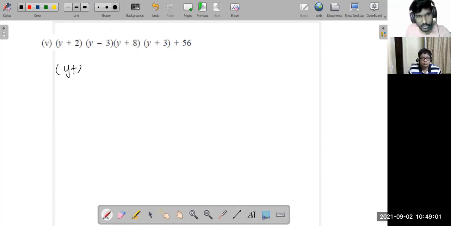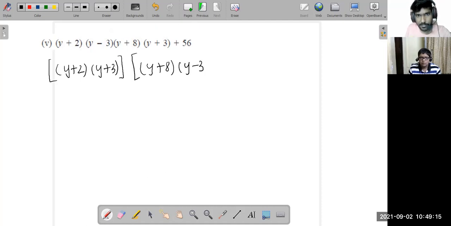y plus 2, then y plus 3, because 2 plus 3 is 5. And then I'll take y plus 8 and y minus 3. Why? Because 8 minus 3 also 5, plus 56. Now do the bracket to bracket multiplication. This should help us.